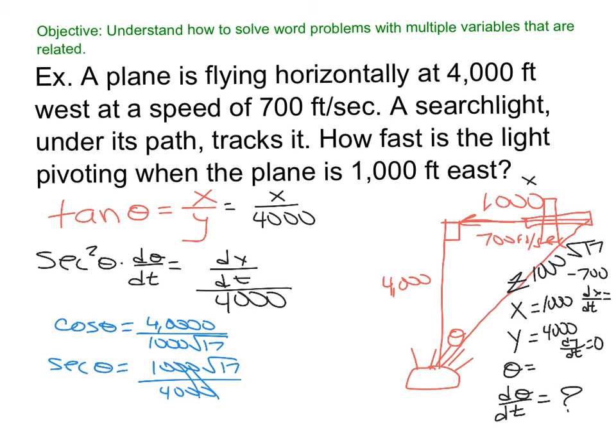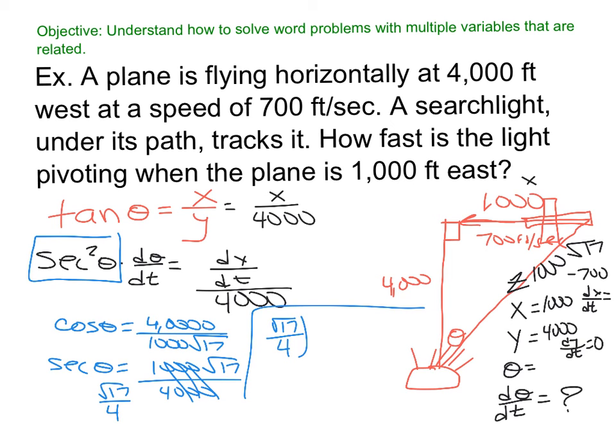And then I can cancel out my thousands. So it's root 17 over 4, but then it's secant squared. So this is root 17 over 4 squared.